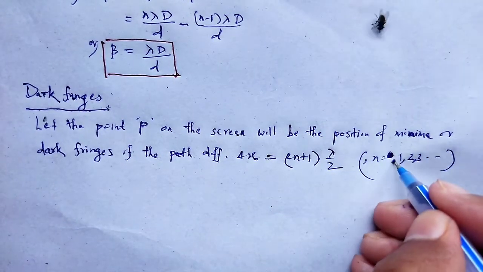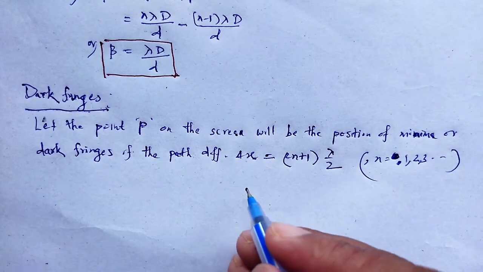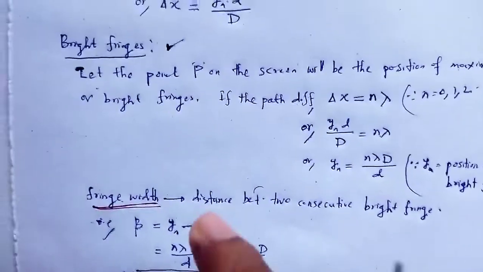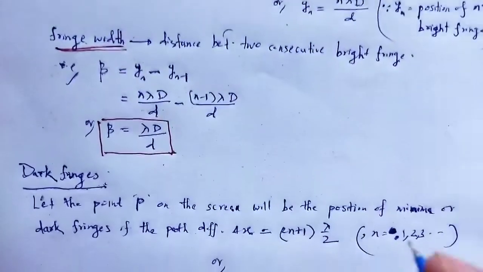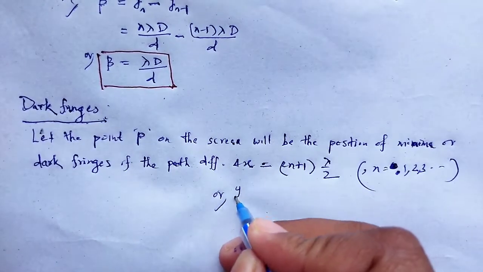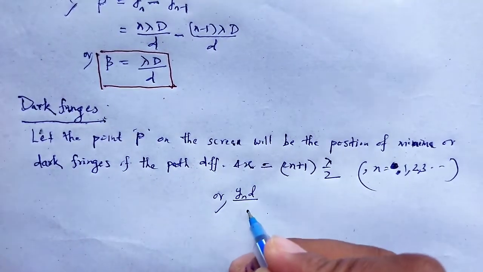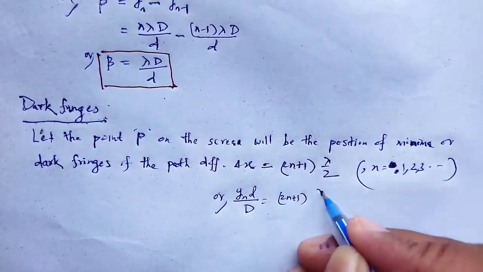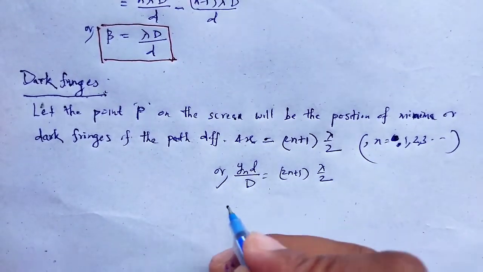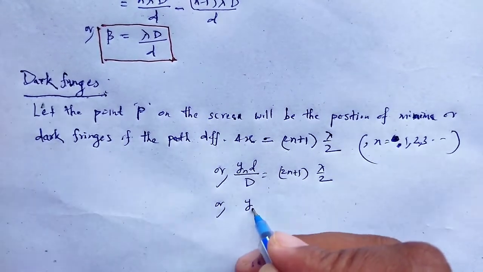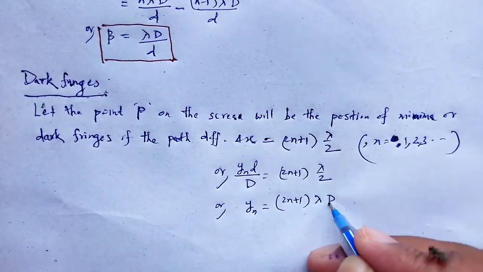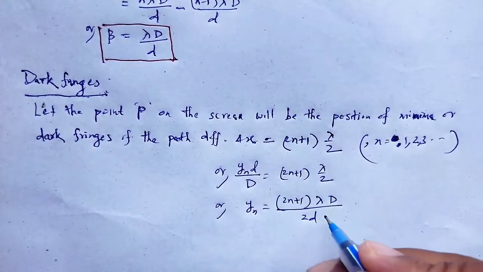Path difference del x is equal to yn d by D, which is (2n plus 1) lambda by 2, or yn is equal to (2n plus 1) lambda D divided by 2d.